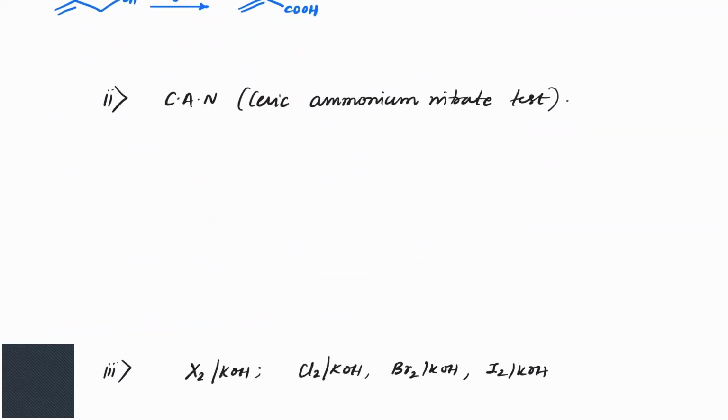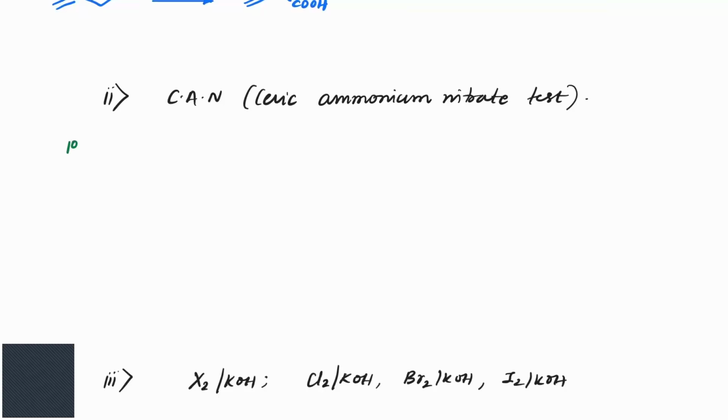Next is the CAN, ceric ammonium nitrate test. Basically here 1 degree alcohols will be converting into an aldehyde, and 2 degree alcohols will convert into ketones. Suppose I have RCH2OH, treating that with the cerium nitrate ammonium complex.